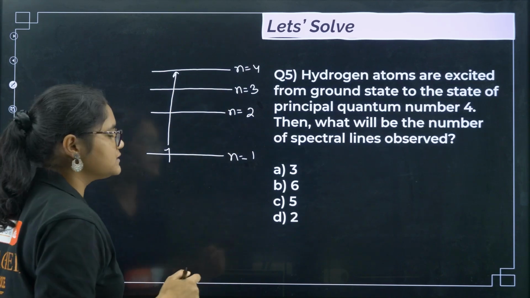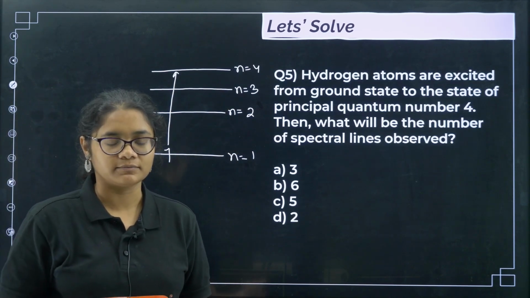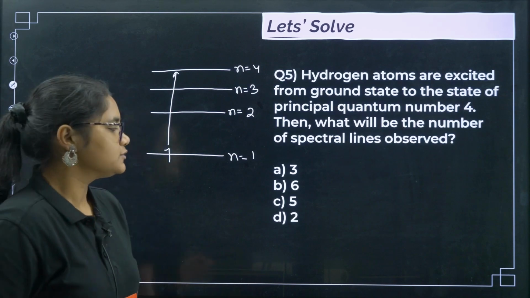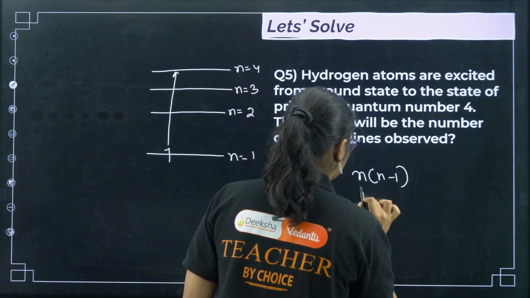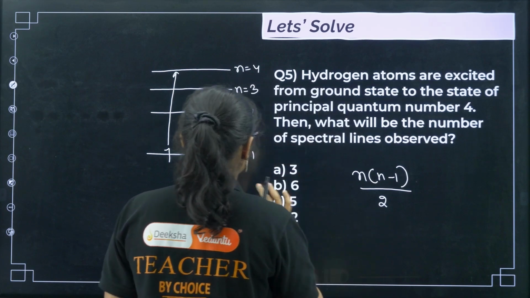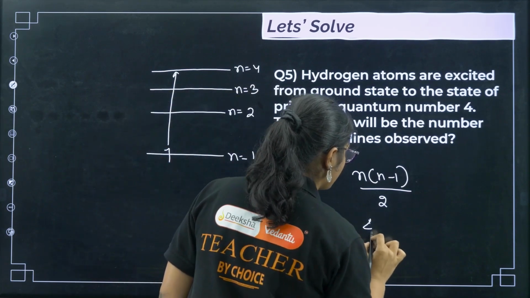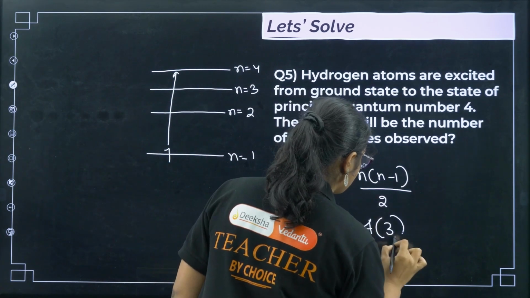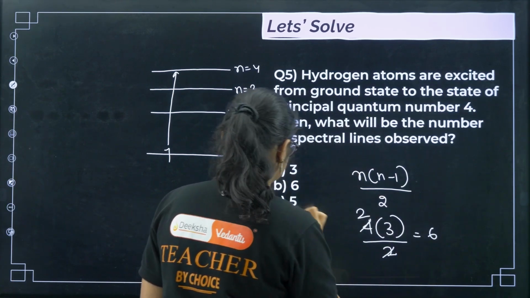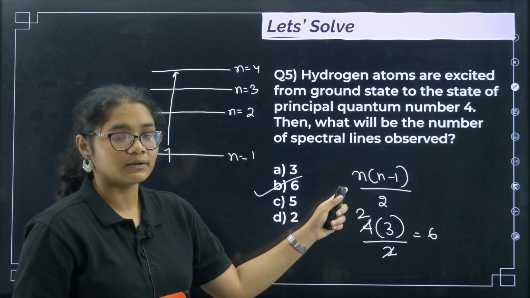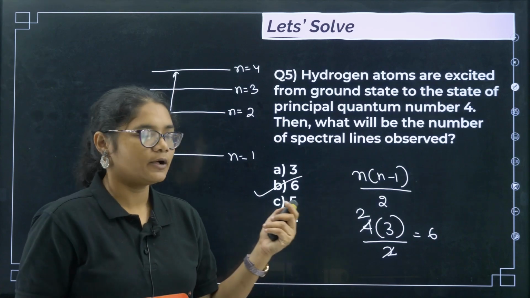Now when it returns, a lot of lines are possible. The formula to calculate here is n into n minus 1 divided by 2. What is the value of n? We have 4 here. Then 4 minus 1 is 3, and then we have 2 here, so it will give you a total of 6 lines. That is option number B. So you need to remember this particular formula.